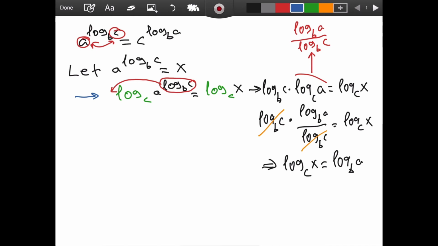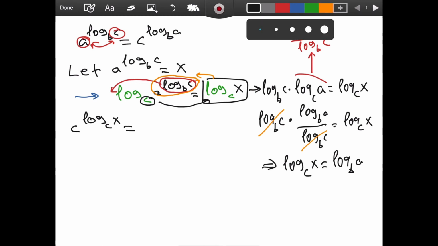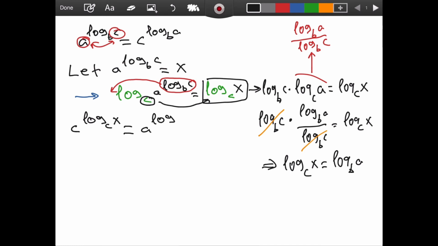This stage is telling us that from the definition of logarithms, if we have c and raise it to the power of log base c of x, then it is equal to a raised to the power of log base b of c. Right? This comes from the definition of logarithms. So this is equal to a raised to the power of log base b of c.